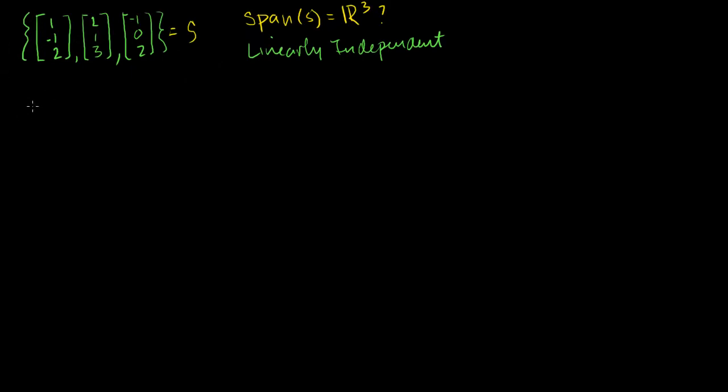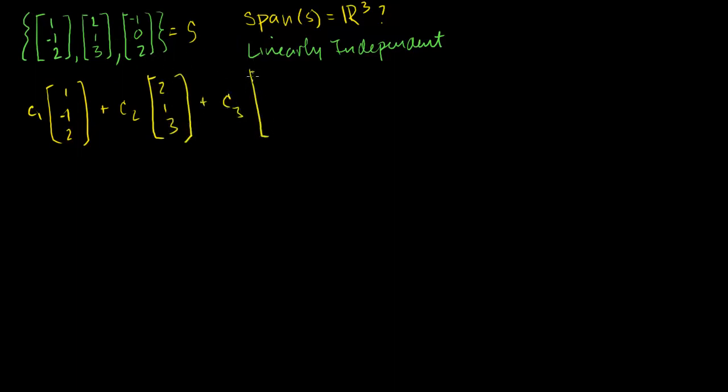I could have C1 times the first vector, 1, minus 1, 2, plus some other arbitrary constant C2, some scalar, times the second vector, 2, 1, 3, plus some third scaling factor times the third vector, minus 1, 0, 2.